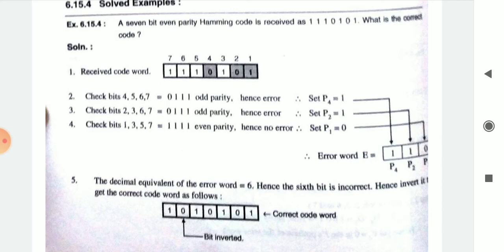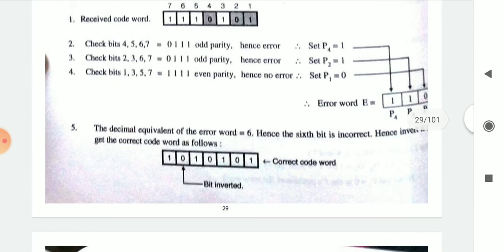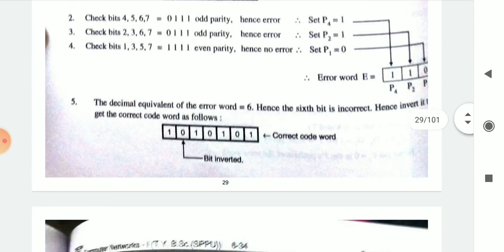First of all 4 5 6 7, afterward 2 3 6 7, afterward 1 3 5 7, hence no error. Set p1 is equal to 0. This can be set here, and the decimal equivalent of the error word is equal to 6, hence the 6th bit is incorrect. Get the correct code word as follows.